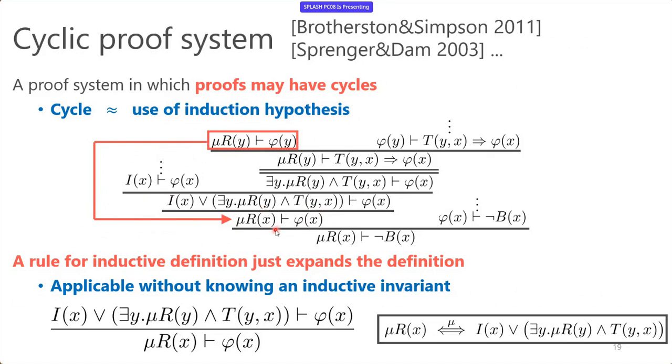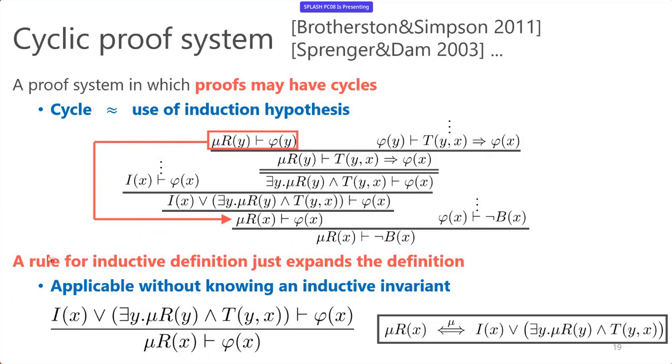And for soundness, we also need to check a global condition, the so-called global trace condition, which intuitively requires that for any infinite path in the graph, the rule for expanding the inductive definition should be applied infinitely often.